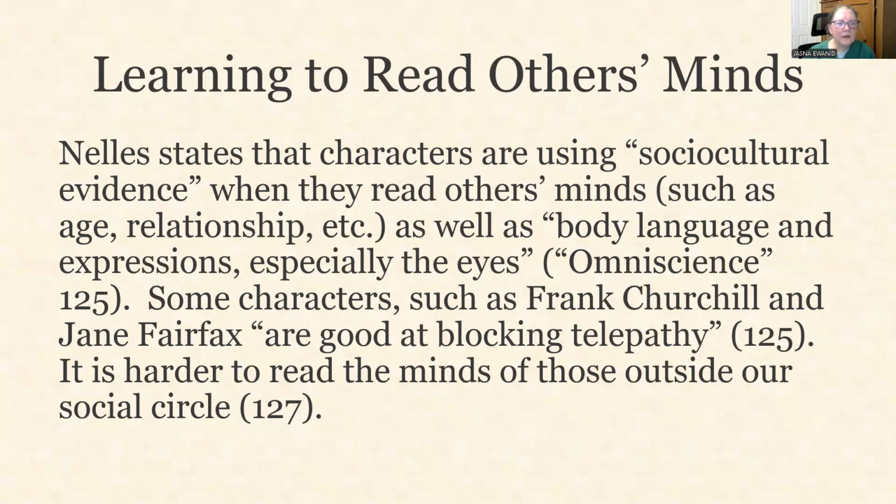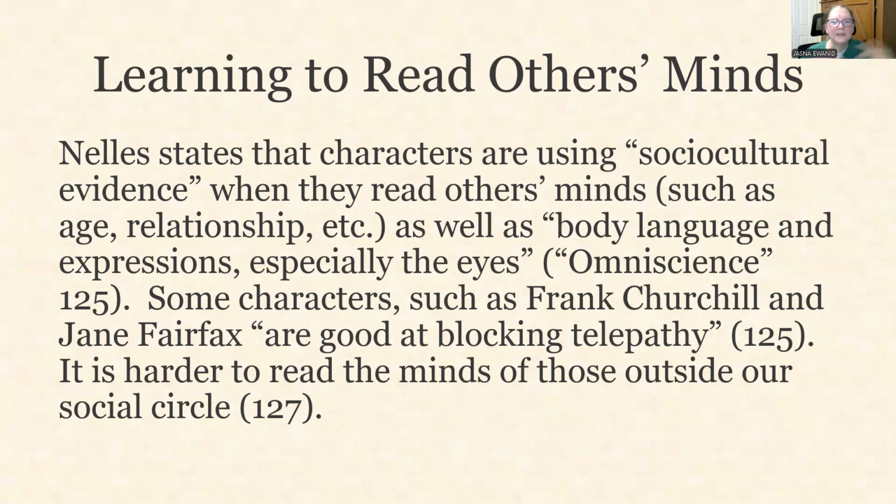And so, the things that everybody uses to understand other people: we read people based on our relationship to them, how old they are, what they're doing. So what Nels calls sociocultural evidence, but also body language and expressions, and especially the eyes.